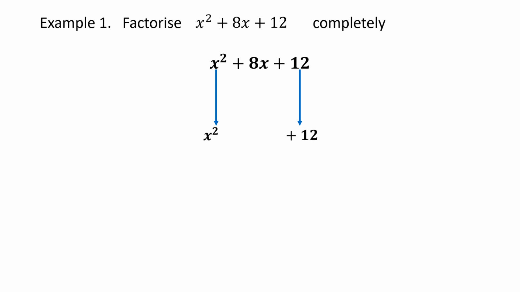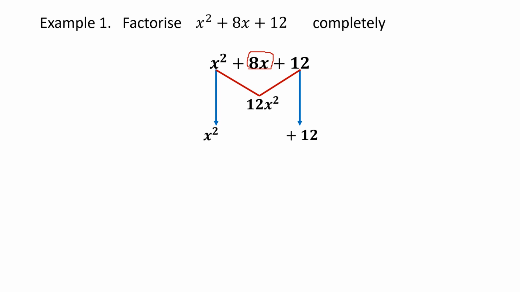Then from there, we want to express this 8x as a sum of two terms. Those two terms plus the two terms that we already have will take us to 4 terms. So let's find the terms that we will express this 8x in terms of. We do it this way. We multiply the term in x squared and the constant, so we are multiplying x squared and 12, and we get 12x squared.